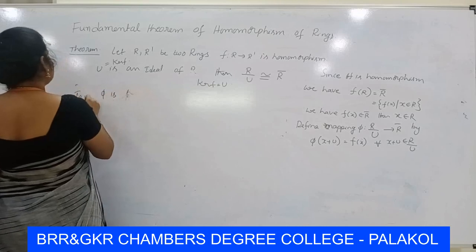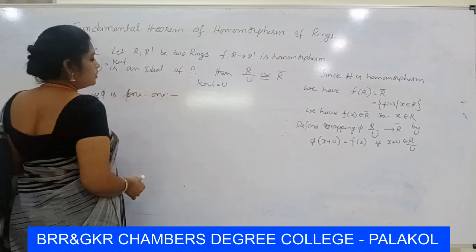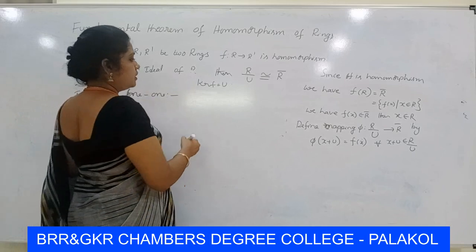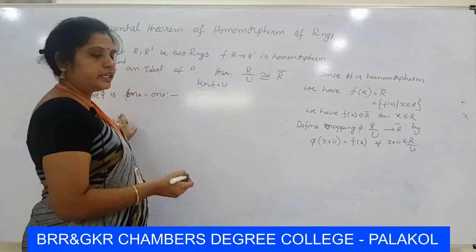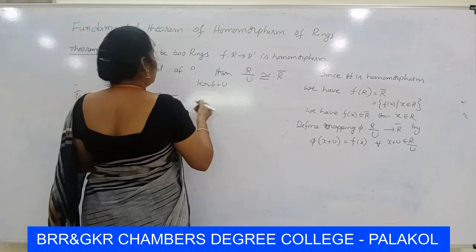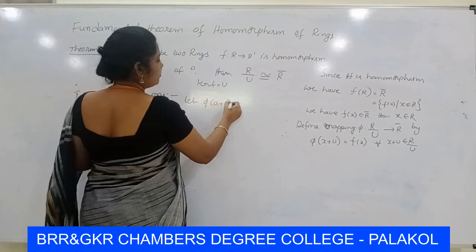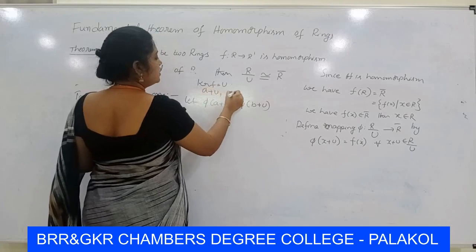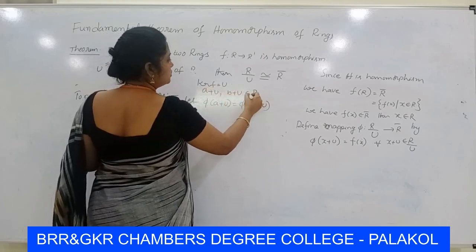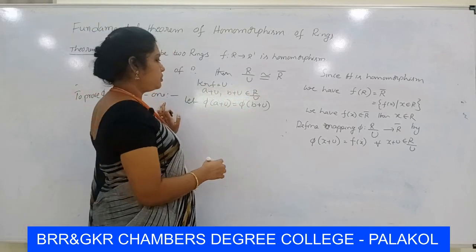To prove phi is 1-1, that means we have to assume any two elements of R by U have equal images, that is, let phi of A plus U be equal to phi of B plus U. Here A plus U, B plus U are elements of R by U.